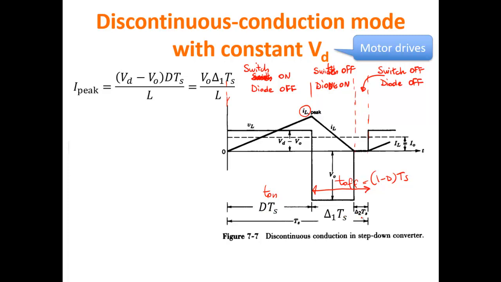This situation is called discontinuous conduction mode, because of course there's a period of time during which there's no current in the inductor. You see, the inductor is basically separated from either ground or the supply voltage.